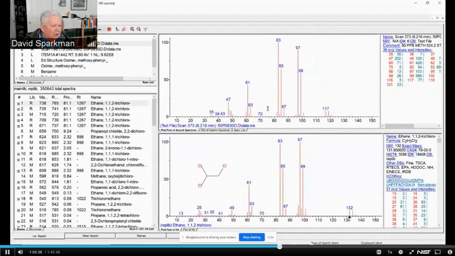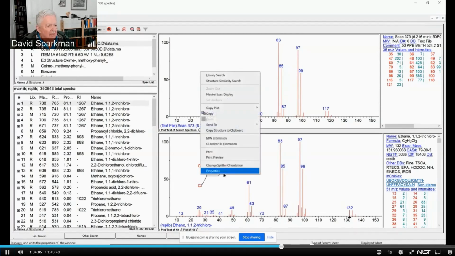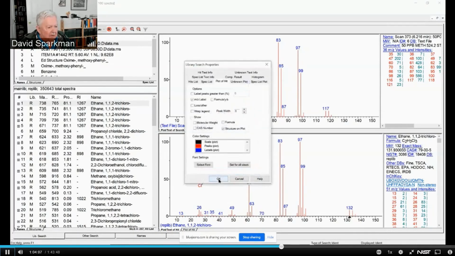Now, one of the things you're going to notice here is my version of the NIST Search program looks a little different than other versions of the program that other people have shown you. That's because the program can be easily customized by putting your mouse pointer in any window, right-clicking, and selecting properties.